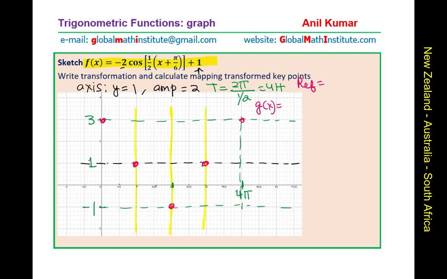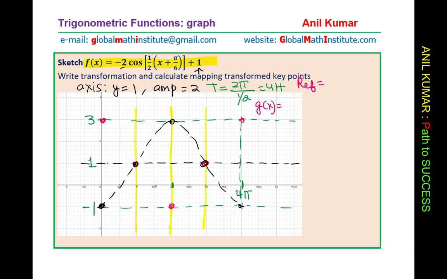Since there is a reflection, I will now reflect each point to the other side of the axis. So we get these points, you see, after reflection. So now I am sketching the graph after reflection. You get the idea, right? So I have incorporated the reflection in this particular graph. So once I have done the reflection, I have taken care of minus 2 also.